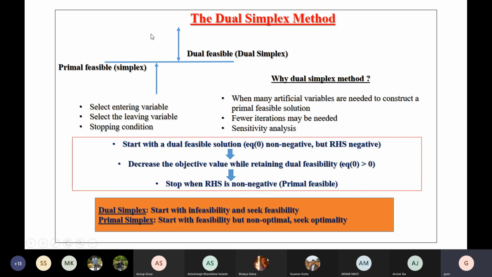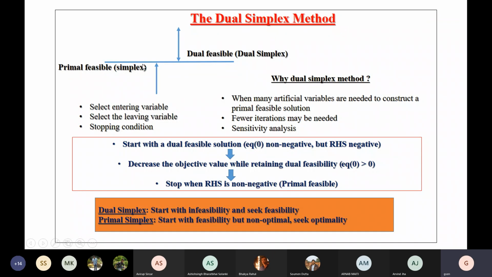So for a particular given solution, if we apply the simplex method on the primal form, assuming that it is in standard form, so that means the maximization objective, we start from the origin 0, right, where the objective value is also 0, and then we slowly improve, in the sense we increase the objective value, right? So primal feasible, so all the feasible points on this line, we start from the bottom and then we move upwards in terms of objective value, right? And we then hit the optimal line.